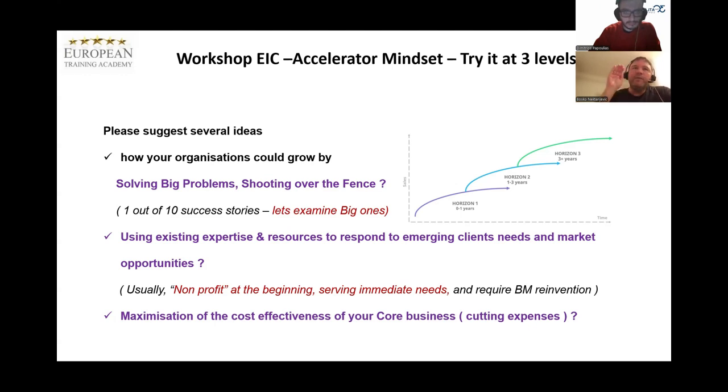In our accelerator, we're on the third horizon, which is solving big problems. And this is what I call thinking big, shooting over the fence. It means looking at the whole market as it is and thinking, okay, what is going to disrupt the existing value chains in the market?